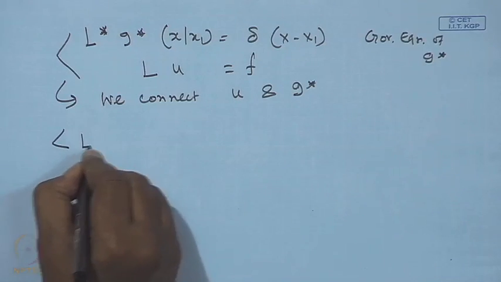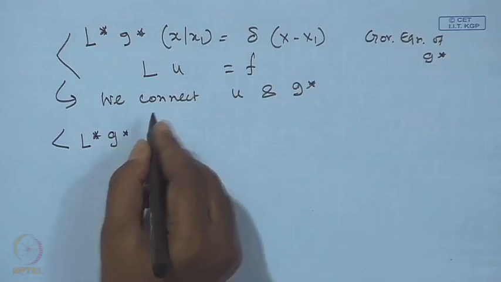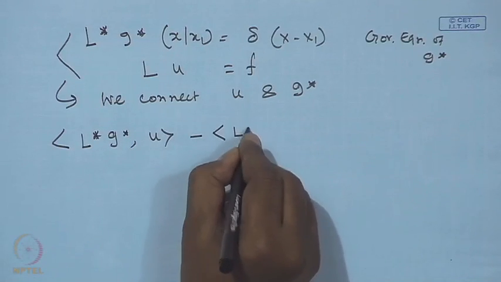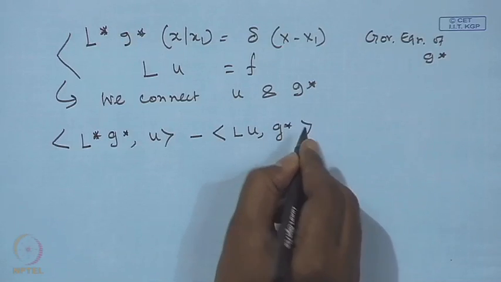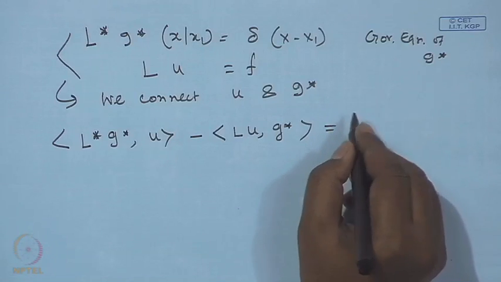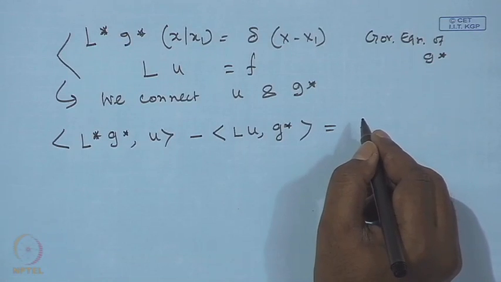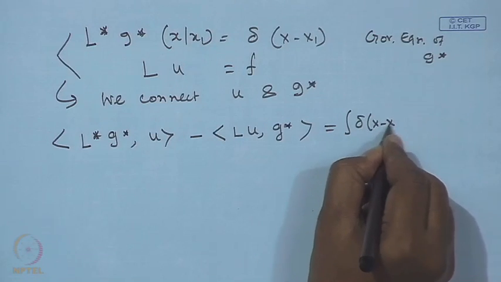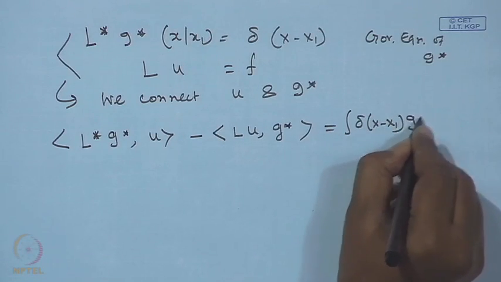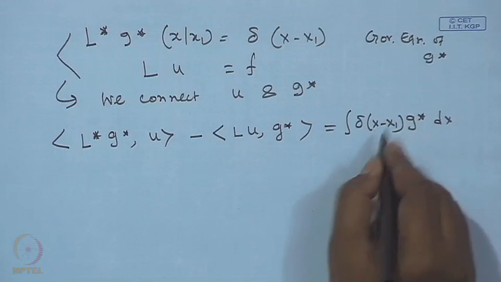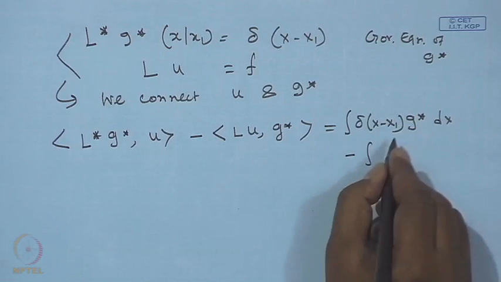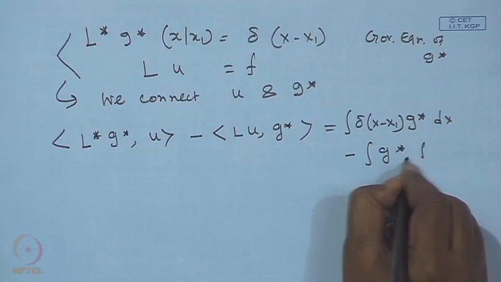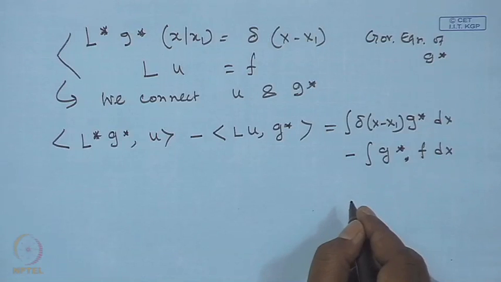So, this becomes the inner product of L star G star with u, minus the inner product of L u and G star, which is equal to the integral of delta(x minus x1) u dx minus the integral of G star multiplied by f dx.